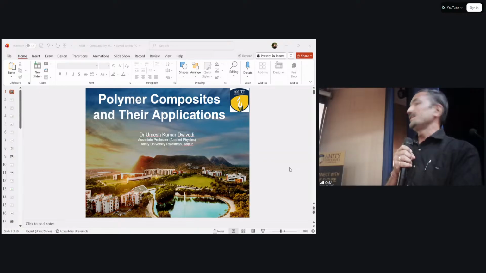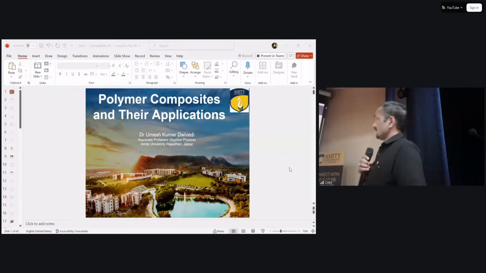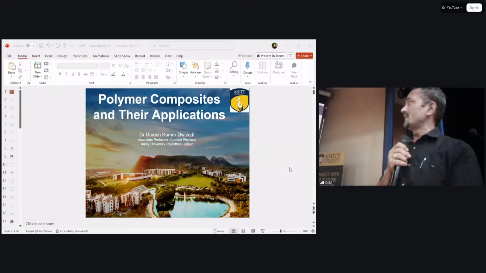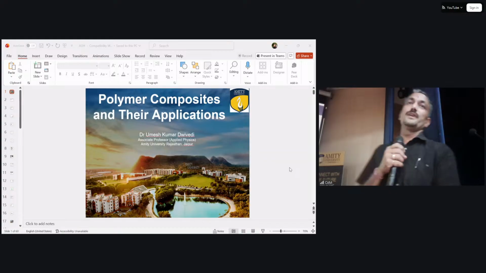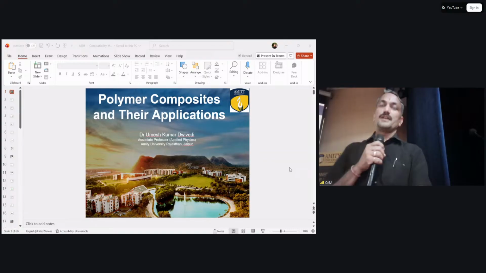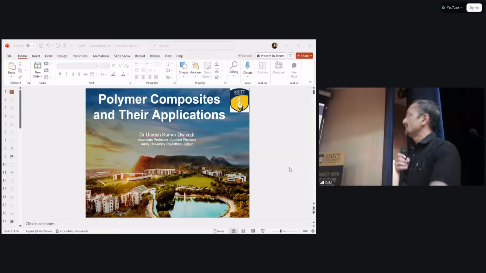Automotive tire application and coating, this is also there. In EMI shielding, nowadays radio signals are everywhere. So EMI will affect the performance of components. Hence, EMI shielding is required.